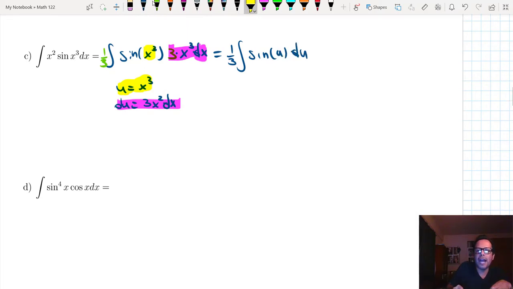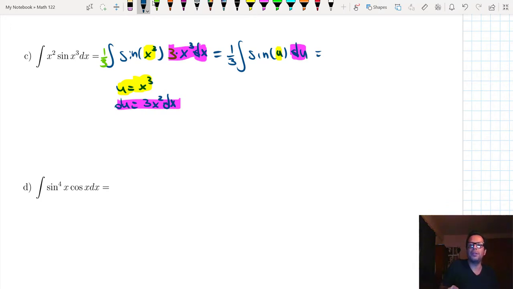See how x cubed becomes u only, and 3x squared dx becomes du. So all we have to do is integrate sine the same way we did on the previous example, right?